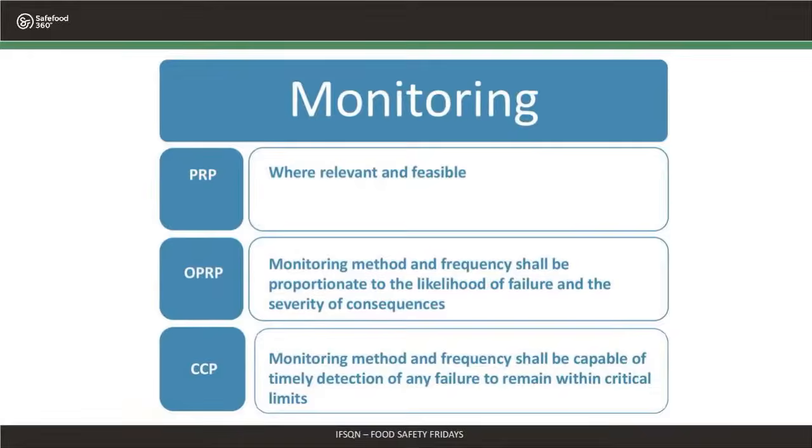Monitoring. We can monitor PRPs where relevant and feasible. For OPRPs, the monitoring method and frequency shall be proportionate to the likelihood of failure and the severity of consequences. And for CCPs, the monitoring method and frequency shall be capable of timely detection of any failure to remain within critical limits.